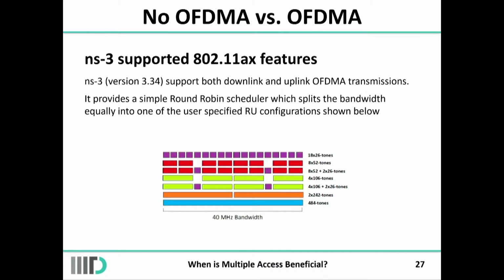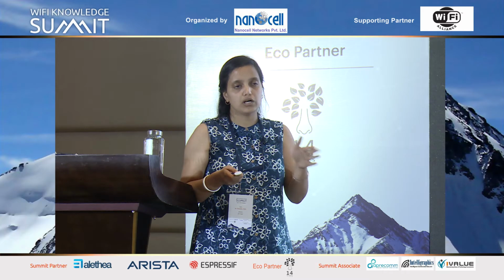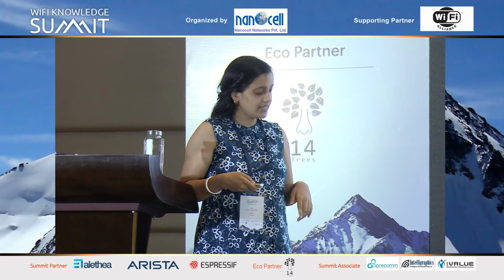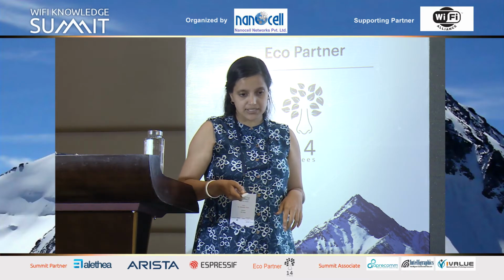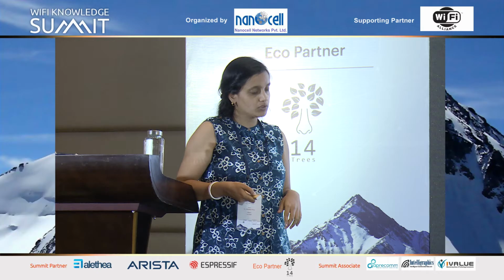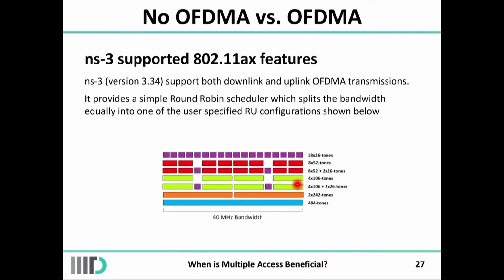It also allows you to configure how many splits you want to divide your bandwidth into. You can set it to 1826 tones or 852 tones and so on. So you have these configurations to vary. The only thing the scheduler will do is, whatever split you have taken, it will allocate the users to these splits in a round robin fashion.